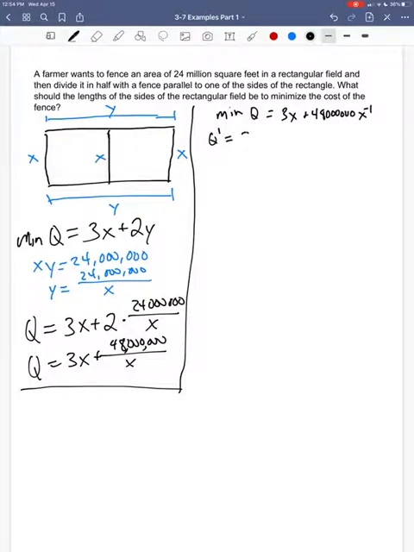The derivative of 3x is just 3. I bring the negative down in front, 48 million, and I subtract 1 from the exponent. Negative 1 minus 1 would be negative 2. So that's going to be 3 minus 48 million all over x squared. I'm going to rewrite this as a single fraction.